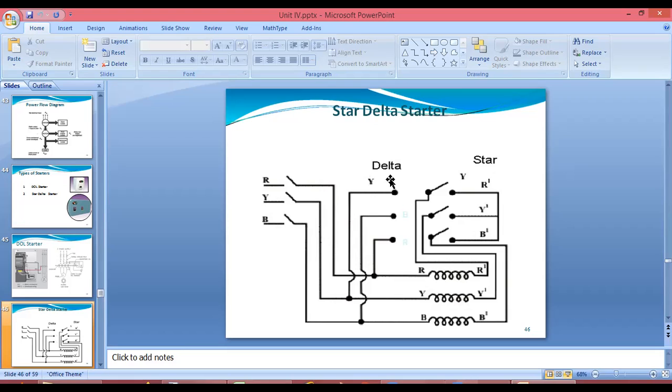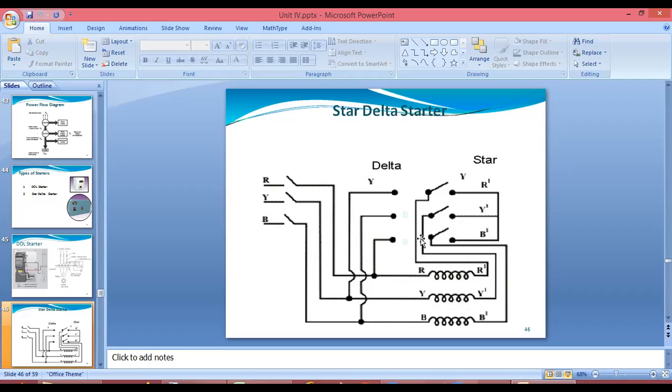At that time we say this is a delta. So when we are using the star delta starter, we are supposed to give delta connections at the stator, and we can make that winding reconnected as a star connection. So this is only how we are giving the supply.